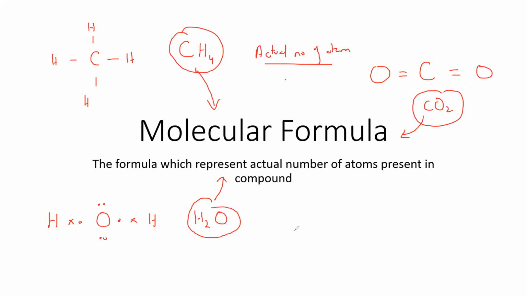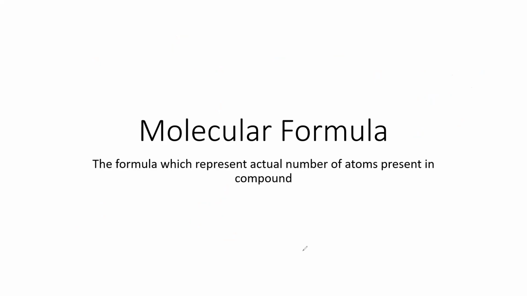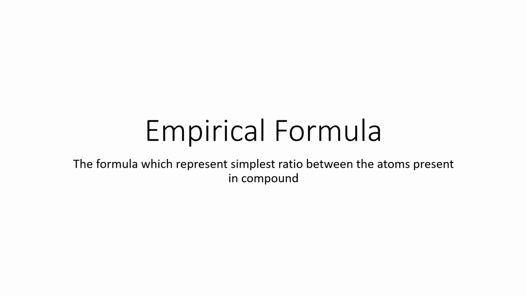But what is the empirical formula? The empirical formula is the formula which represents the simplest ratio between the atoms present in the compound. For example, if this structure is given, how many carbon atoms are there? 2.